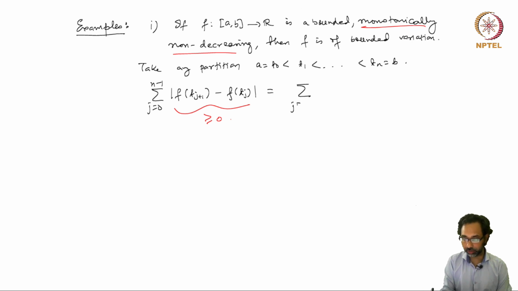So this is nothing but the sum j equal to 0 to n minus 1 of f t j plus 1 minus f t j.